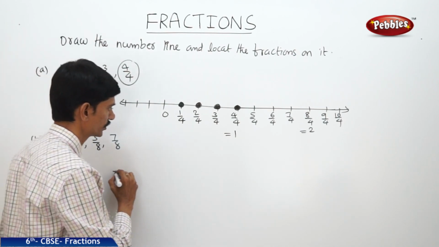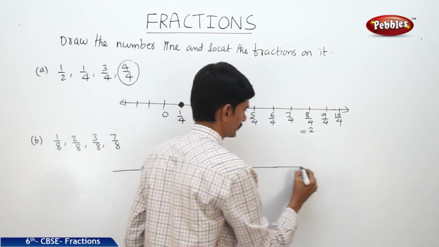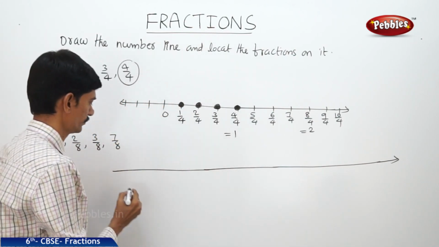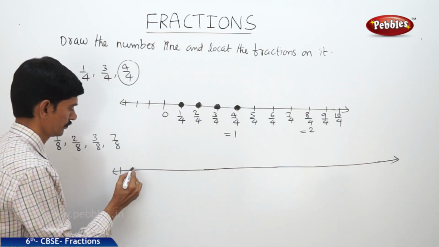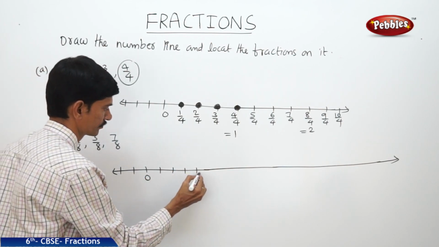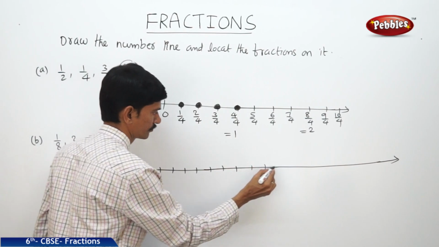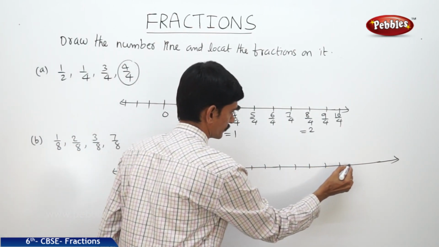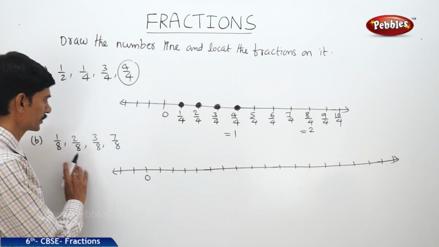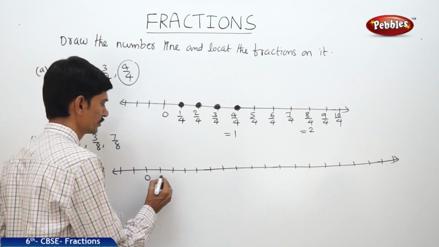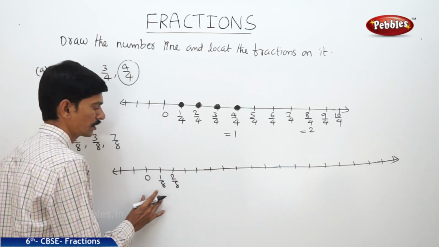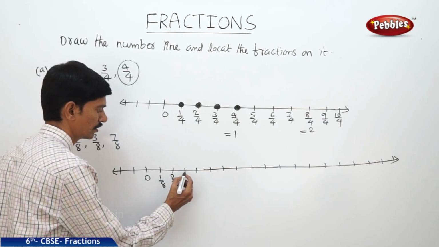So here also we draw the number line. So 0, as the denominator of all the fractions is 8, so then we write 1/8, 2/8. We will take all the denominators 8 here on the number line.